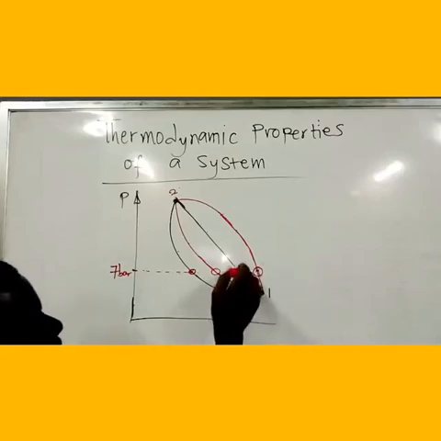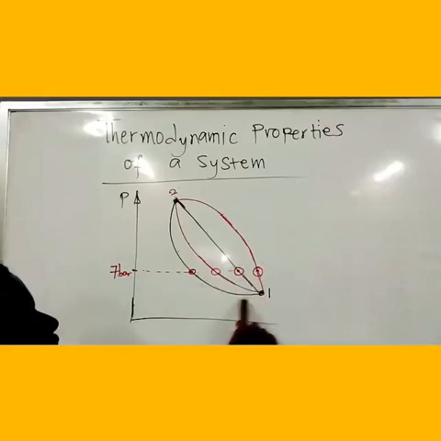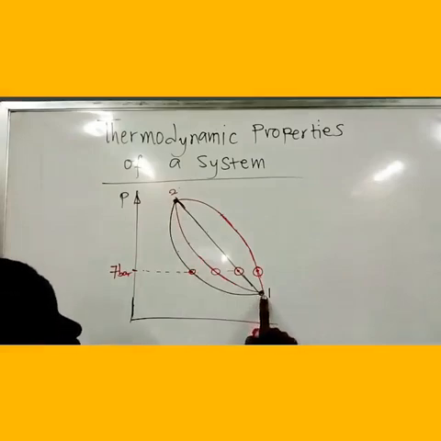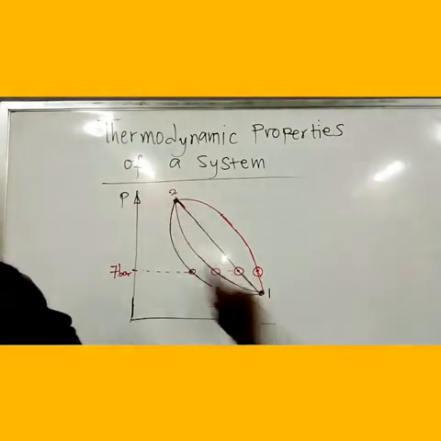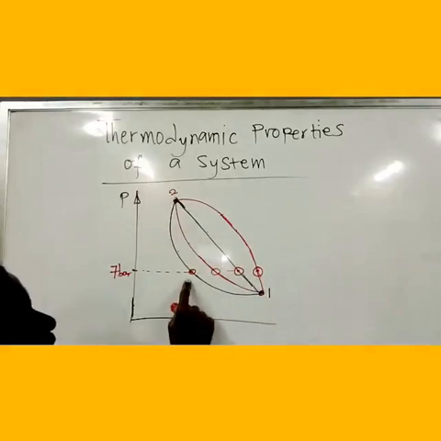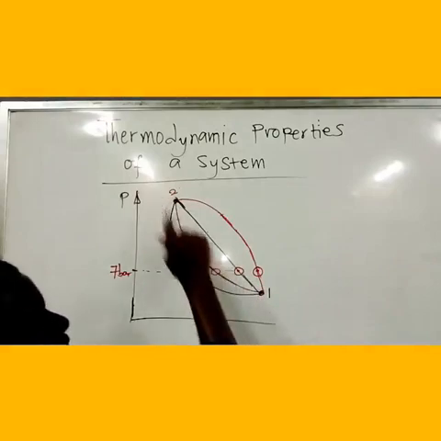Which means that regardless of the path the fluid passes from the initial state to reach the final state, pressure does not depend on that graph.